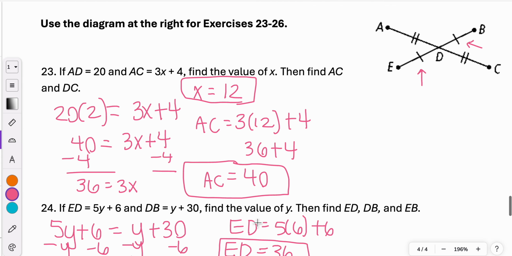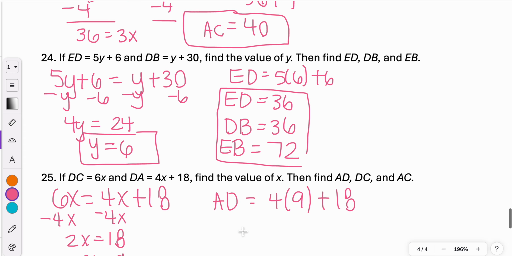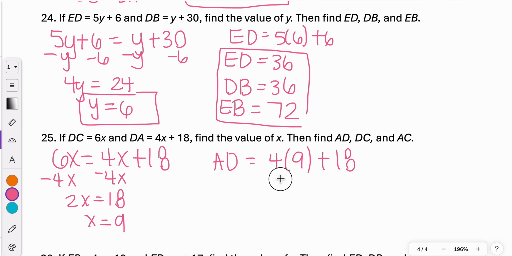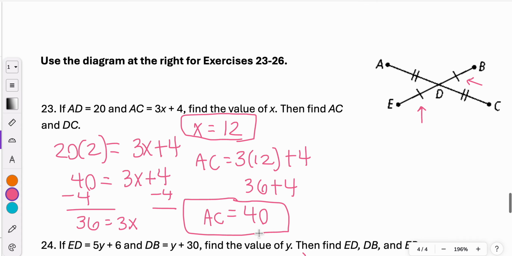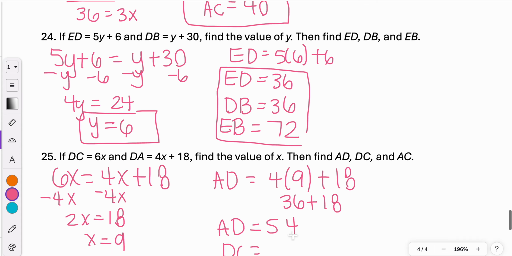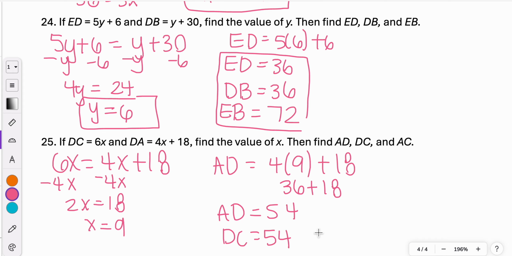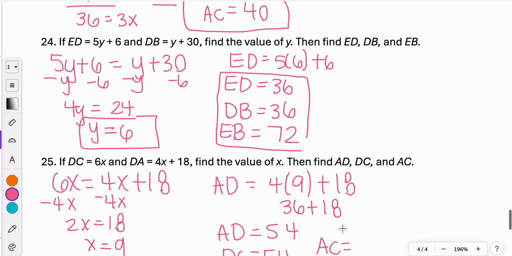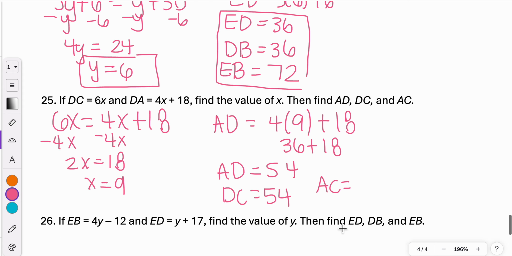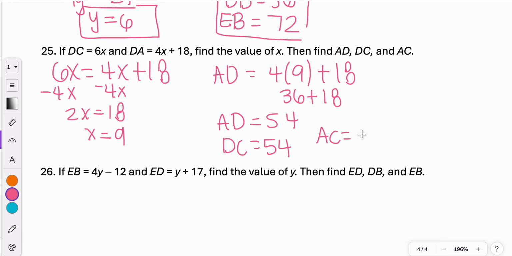So if I've got that AD, yep, AD 4 times 9 is 36, and then 36 plus 18. Sorry, my brain was not working. 54 is AD. And then I want DC as well. Well, if we go back and look, DC and AD are matching, so that one's also 54. And then AC is that entire length, so 54 plus 54 gives me 108.